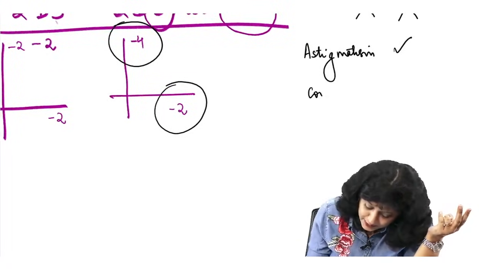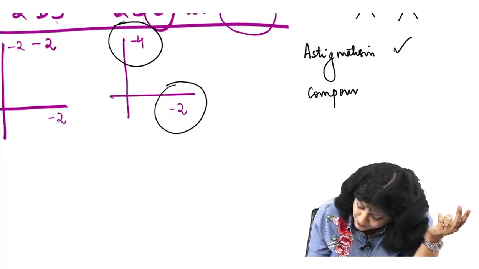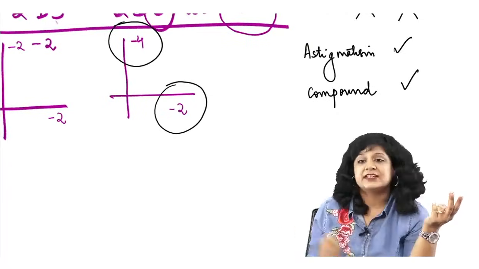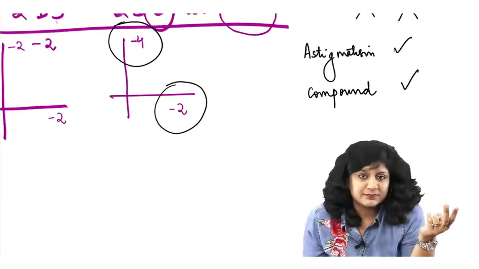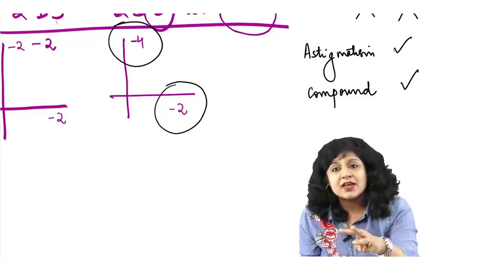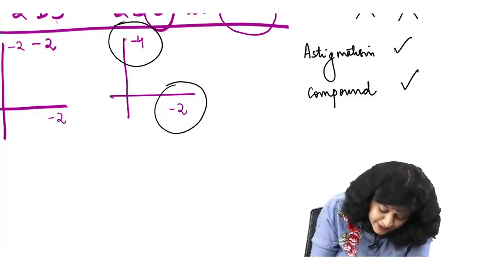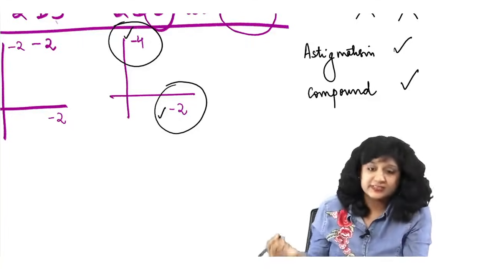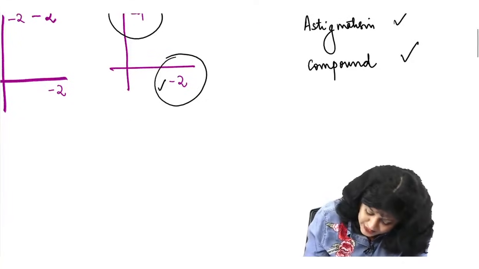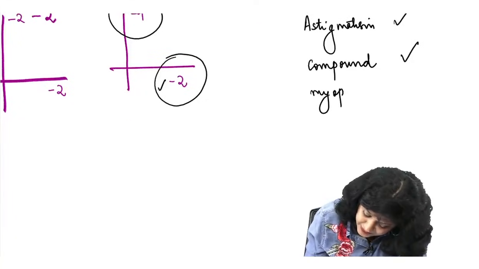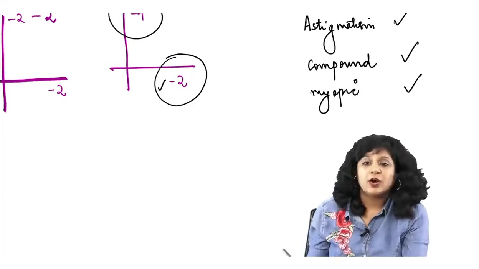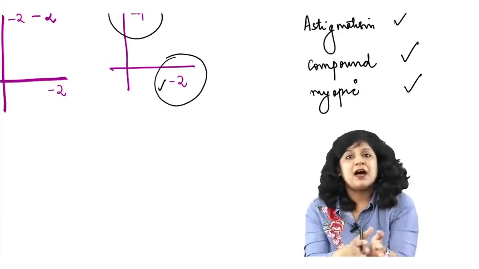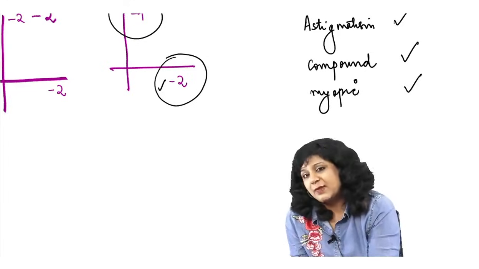This is compound astigmatism. So the second answer is compound astigmatism. Number 3, myopic or hypermetropic. You have minus signs on both sides, so it is actually myopic astigmatism. So we have got that it is a case of compound myopic astigmatism.